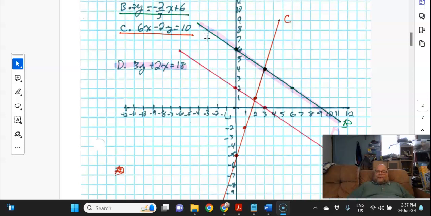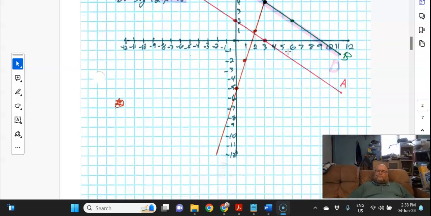They're separated by 1, 2, 3, 4 here, 4 here, 4 here, 4 here. So you can see that they're parallel at all points. B and D are the same line. They're collinear.